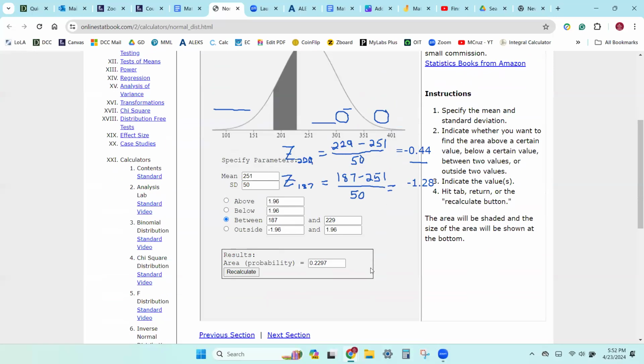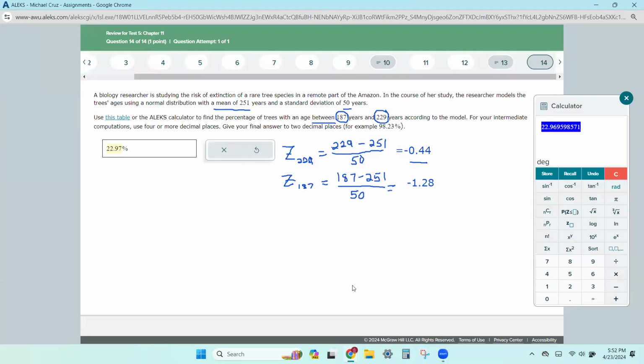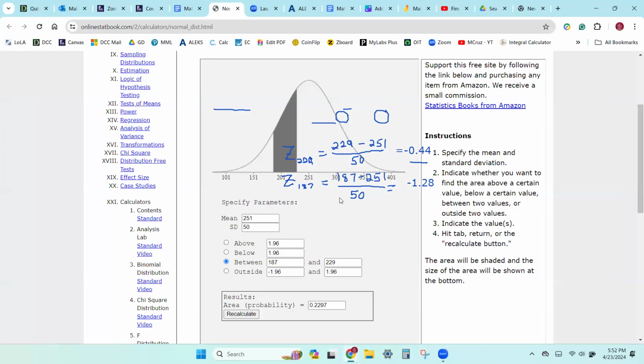Okay, so that's that little chunk right there. Hold on a second, let me make sure I got it right. So 251 and 50. It's 187 and 229. Same exact thing. Now, let's say that we had one that said something like this.